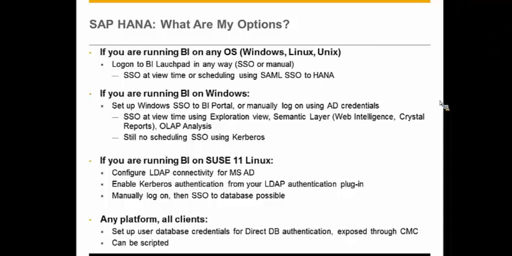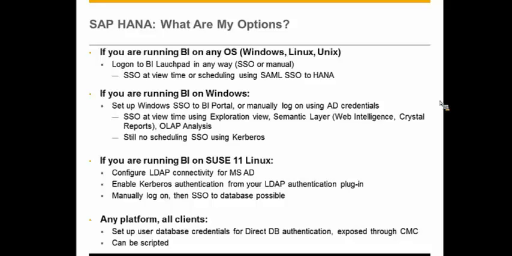If you're running BI on SUSE 11 Linux, they've actually configured an OS to OS option. As long as BI and HANA are on the same SUSE 11, we have an LDAP Kerberos option for connectivity. I still have not seen a customer implement the solution.